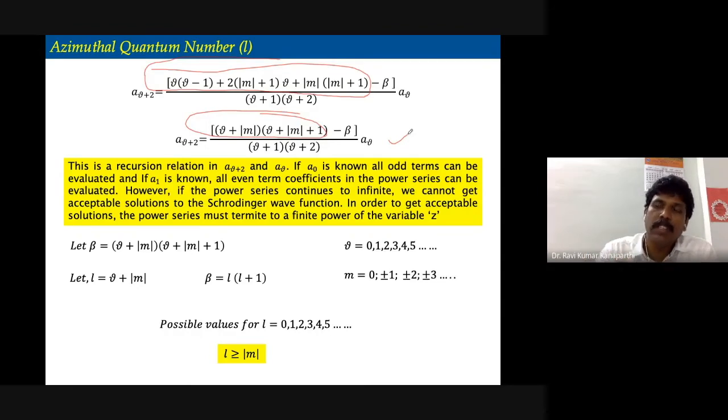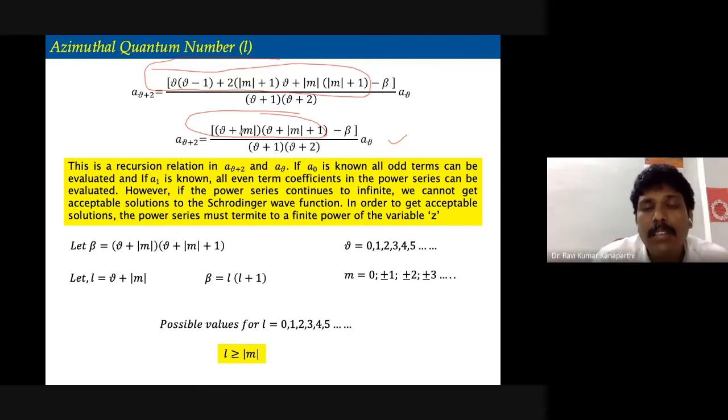Because if the power series is continuing to infinite value, then we will not get acceptable solutions. That's the reason. Now, how do we terminate? The conclusion is that we have to terminate the power series, and to do so we have to use the recursion relation.